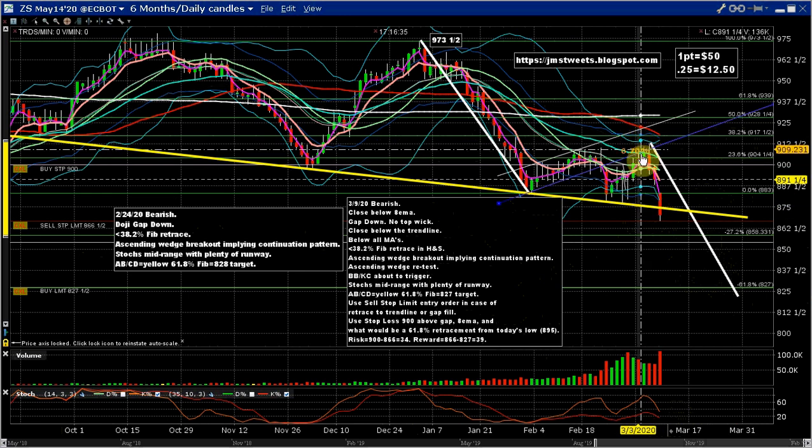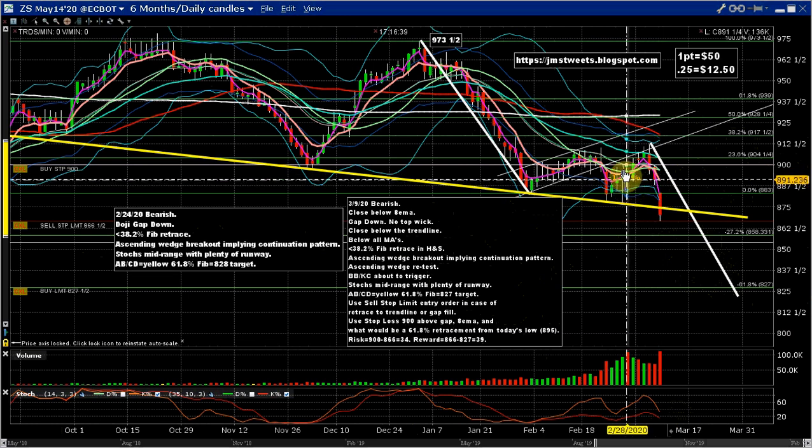And I made sure that my stop loss, which I set at 900, is higher than the 61.8% retracement, which is 895, as another way to protect from our stop loss needlessly being hit.